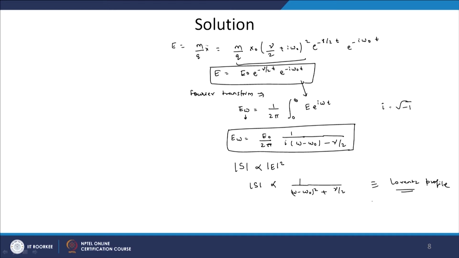Omega you can write in terms of frequency or wave number. So, omega is 2 pi times the frequency nu, and we can convert it into wave number or wavelength, whatever units we want. So, what we observe here is that the reason for collision broadening is basically the damping effect coming into the harmonic oscillator model, and also the collision width is proportional to gamma.